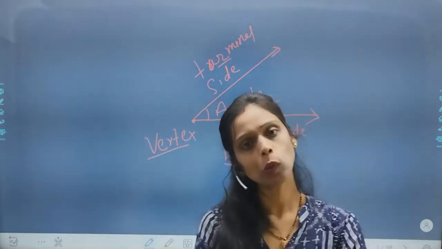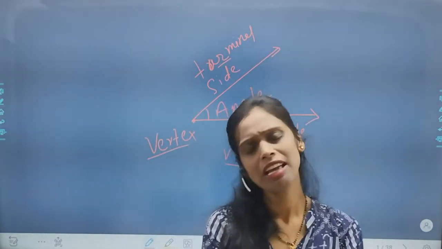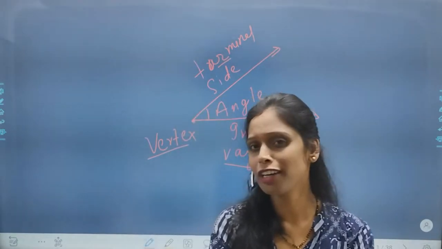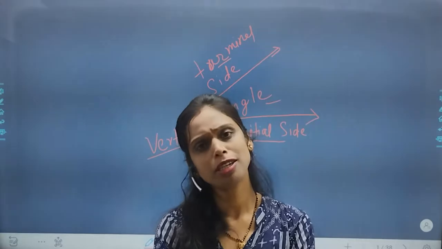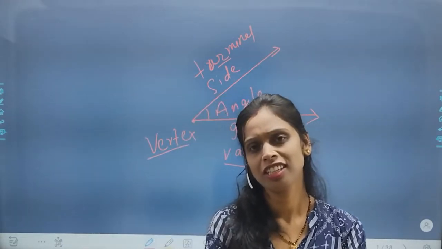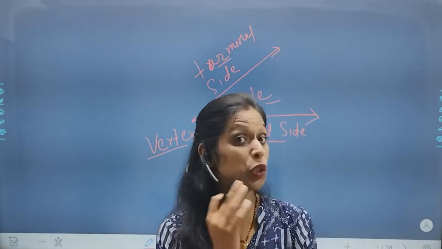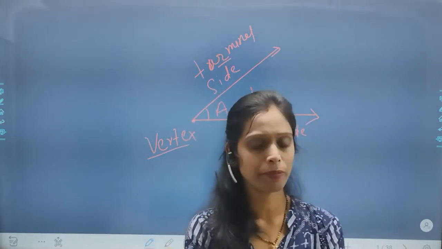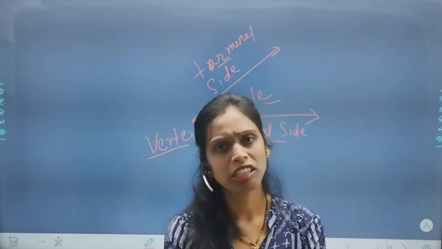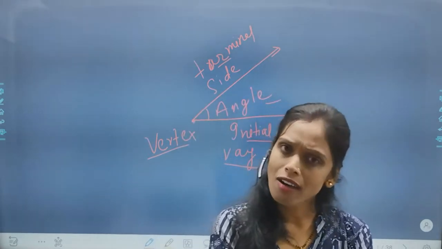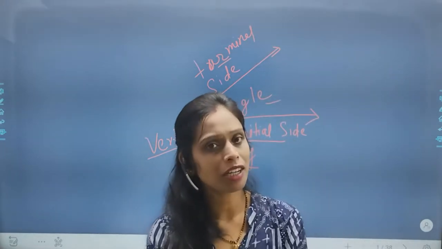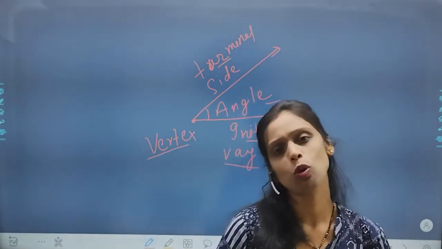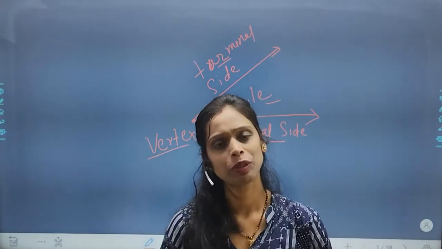Now you know very well that anything, such as length or width, is measured by a unit. Without a unit we can't measure anything. That's why an angle is also measured usually in two types of units.